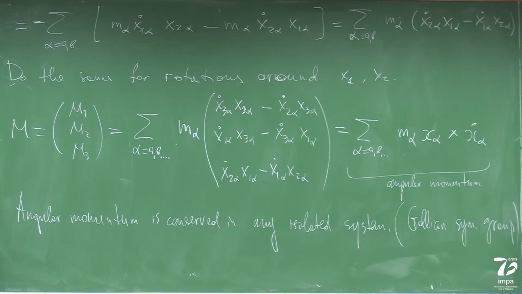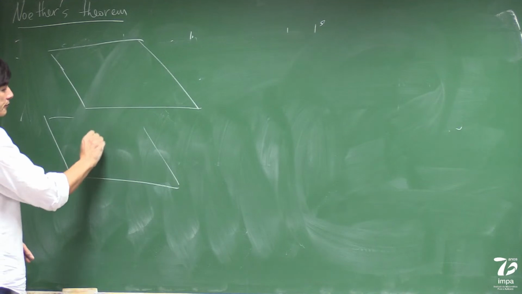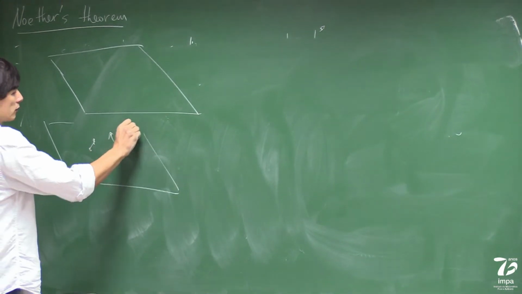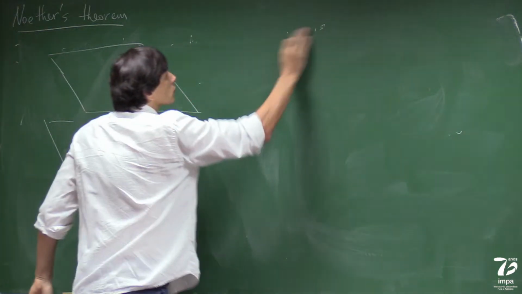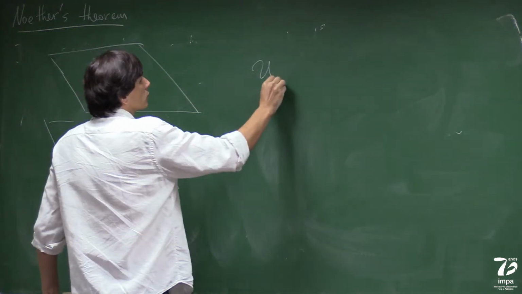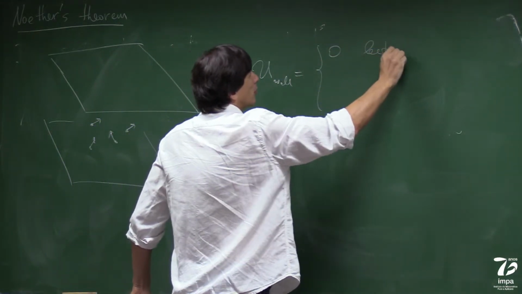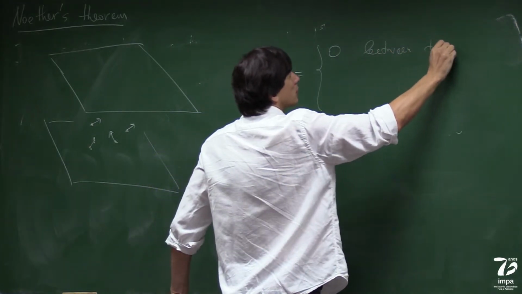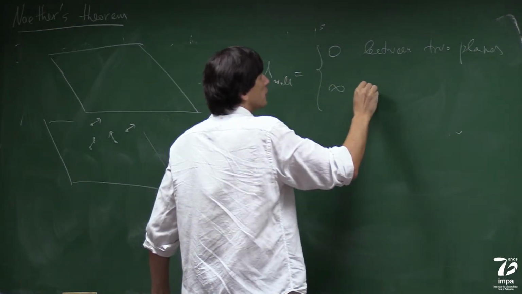So consider the system between the two rigid infinite walls. So all particles are inside. So they kind of move, interact with each other, whatever it is. And now our potential for the wall is 0 between two planes, and infinity outside.